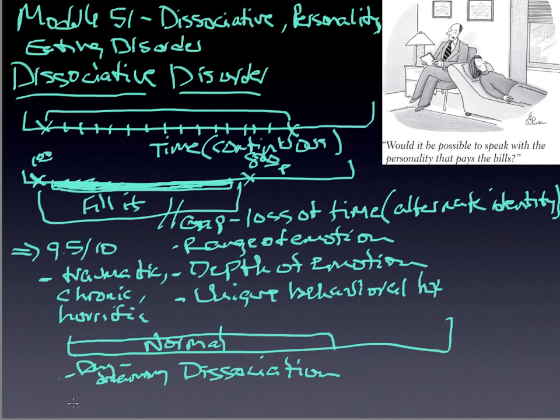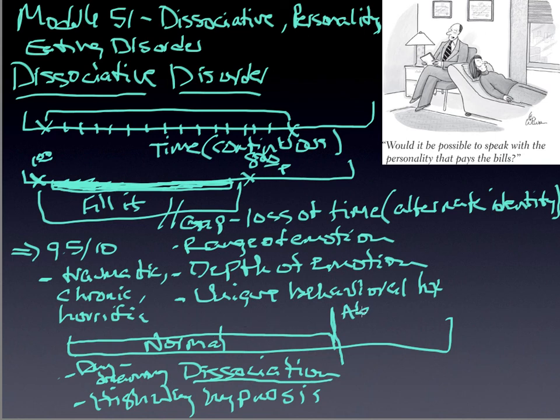Another example would be highway hypnosis. These are not pathological, they are naturally occurring, and dissociation is a natural occurrence. What happens where we cross from normal to abnormal is when it begins to, remember the 3 Ds, be deviant.